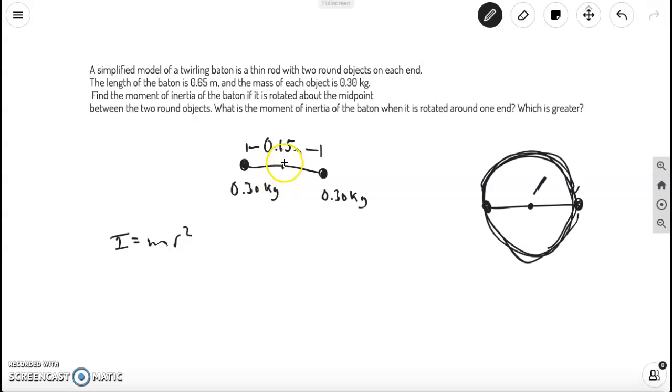For the problem of spinning in the middle, the radius is going to be half of the total length given. So that's 0.33 meters. And the mass for one of the objects, let's start here, is going to be 0.3 kilograms. Okay.